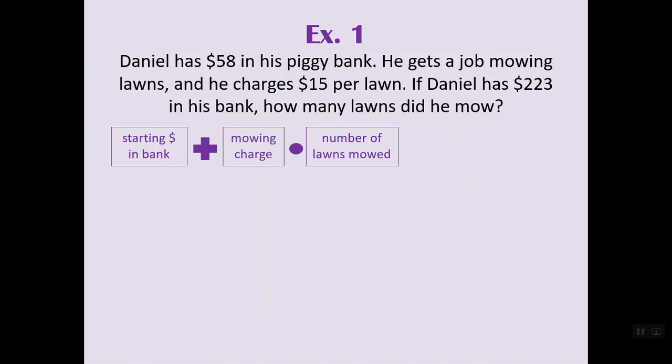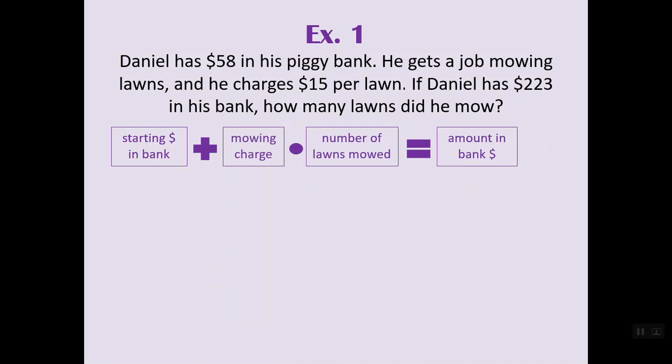And when that's added to what he started with, that's going to equal the amount that's now in his bank. So go ahead and write this word equation. If you need a little bit more time, pause the video before starting it up again to go to the next part. So that's our verbal model, our verbal equation.